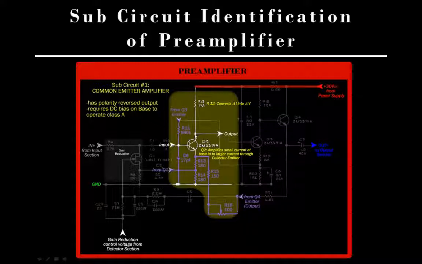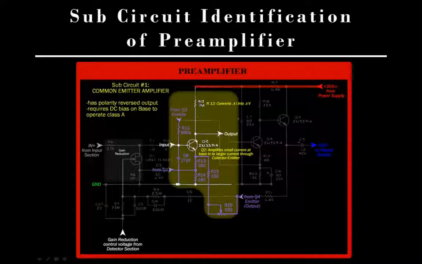And that means the output of Q2 is coming from the collector. Emitter goes down to ground and some other stuff, but this goes to the base of the next component. So our output is on our collector, meaning this is a common emitter circuit. Given that that's true, we have one component that's typical.